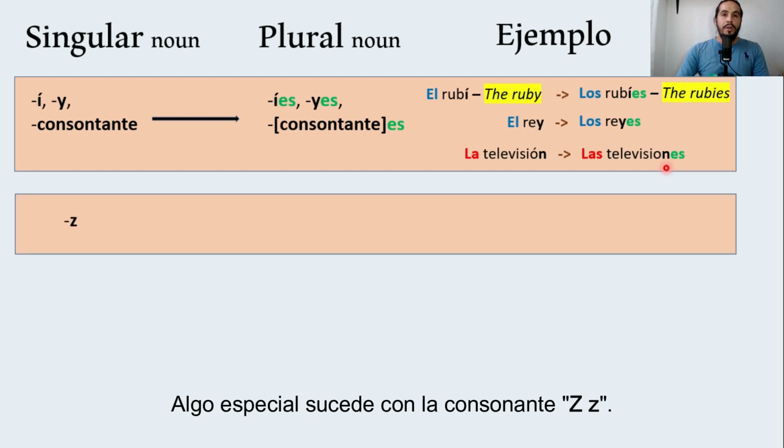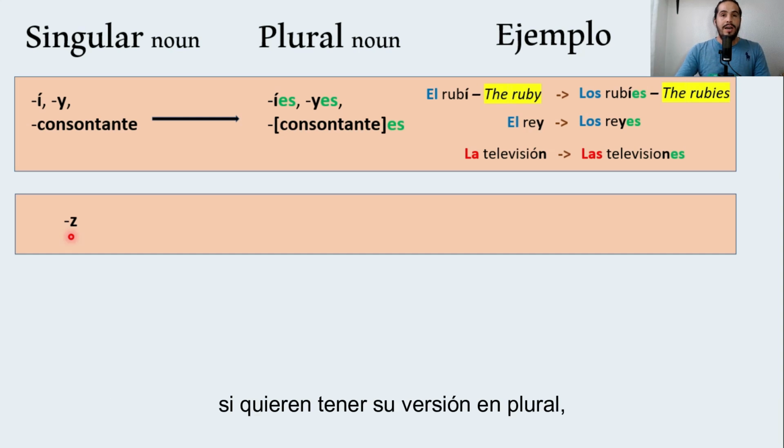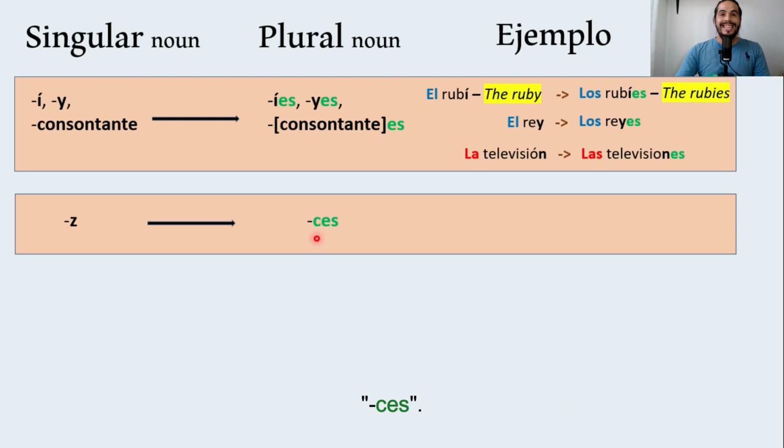And something special happens with the consonant Z. Whenever a noun ends with the consonant zeta, if you want to have its plural version, you need to write or pronounce ces. And here you have this example. You have la actriz.